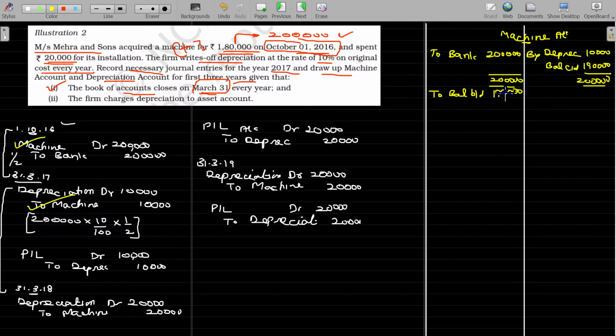In the second year again, we charge depreciation of 20,000. So by depreciation, the value being 20,000. After subtracting, the value of the asset being 1,70,000 only. Balance carried on, to balance brought down 1,70,000.